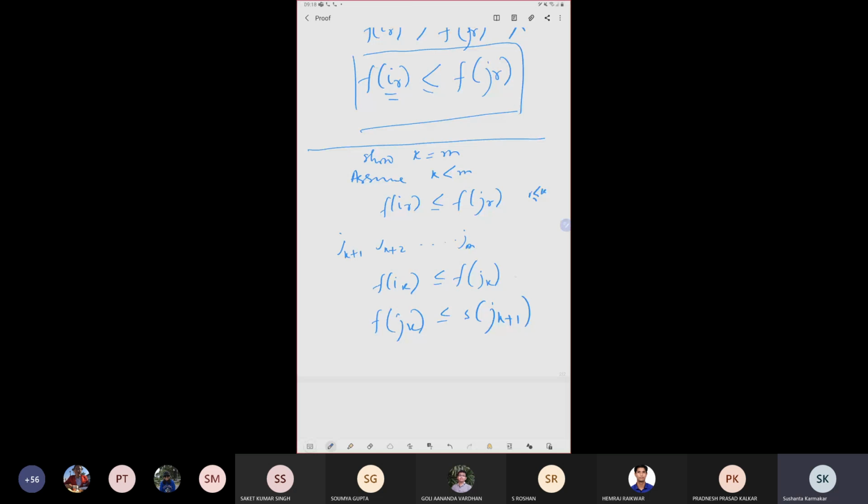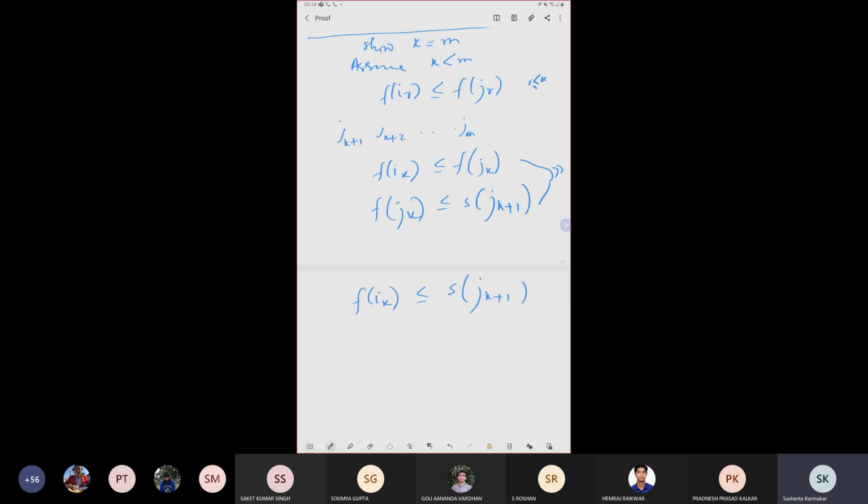That means the kth interval in our case is actually compatible with the k plus 1th interval as accepted by the optimal algorithm. So they're compatible.